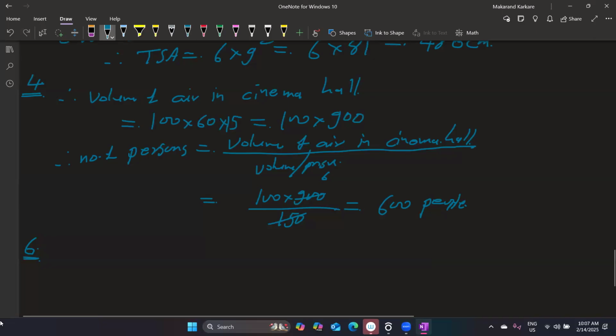When we talk about papering the walls, we are talking about area related, right? At 75 paise per square meter is rupees 240.